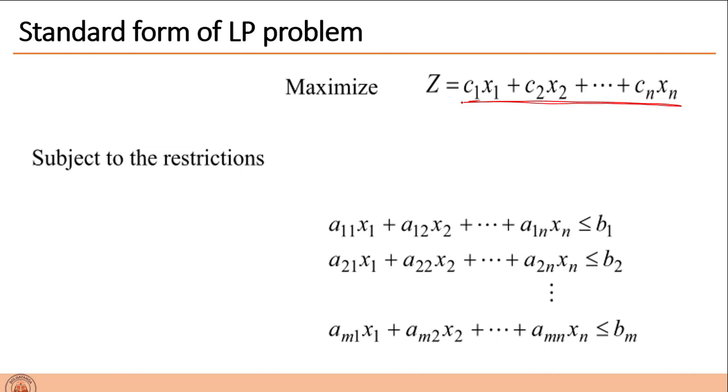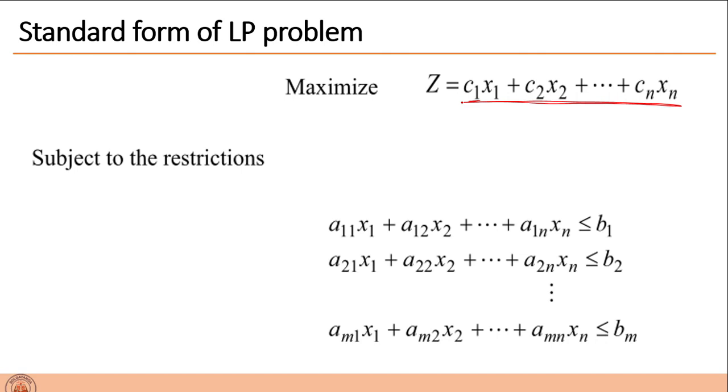That is what we call the objective function. The restrictions are what we usually call constraints in a linear programming model.